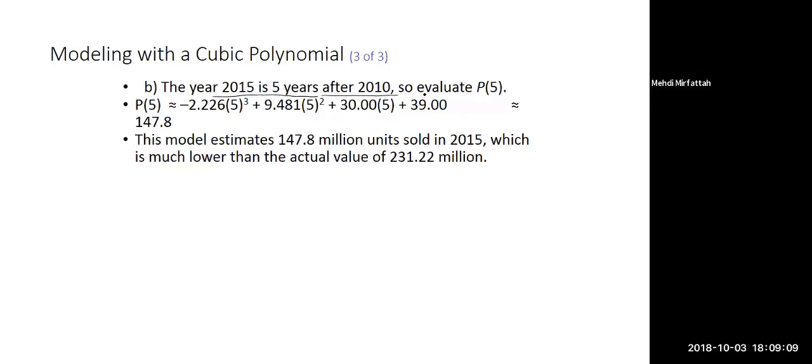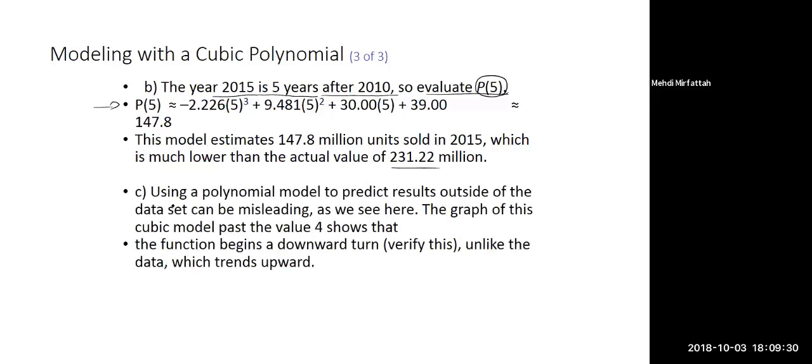So if I evaluate p of 5, we can use our calculator to find p of 5 with the formula defined, and that gives approximately 147.8 million units sold in 2015, which is lower than the actual amount, 231.22 million.